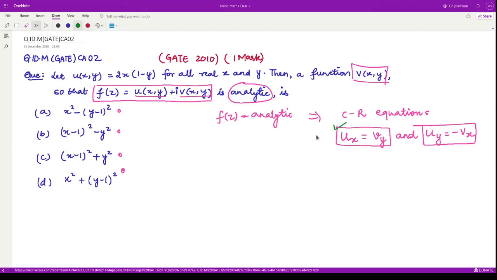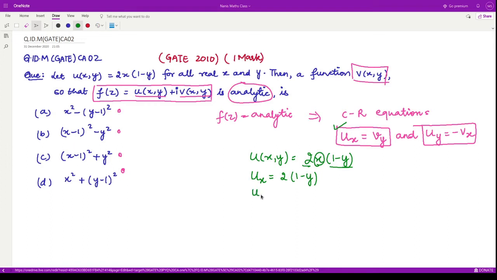Before solving these conditions, our u of x,y is given to be the function 2x into (1 minus y). So we'll first compute the partial derivative of u with respect to x. It would only be 2 into (1 minus y), because here the 1 minus y would be treated as a constant, since the derivative is only with respect to x.